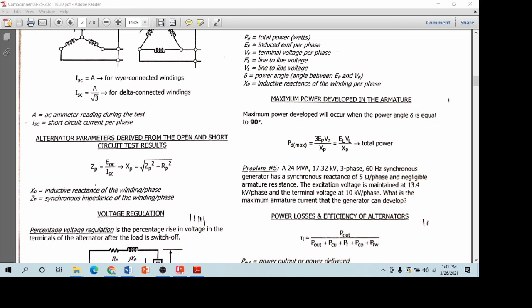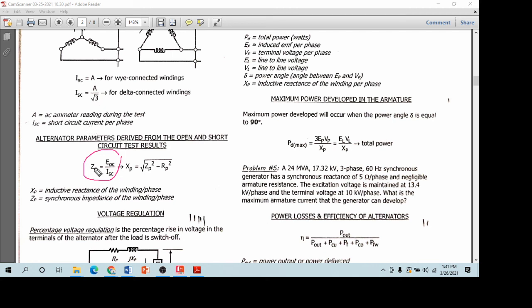The alternator parameters are derived from the open circuit and short circuit test results. We have the first formula. The main purpose is to find the alternator impedance. The synchronous impedance is equal to EOC, the open circuit voltage, divided by ISC.